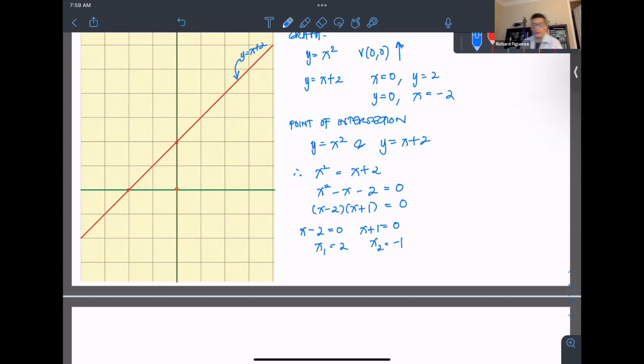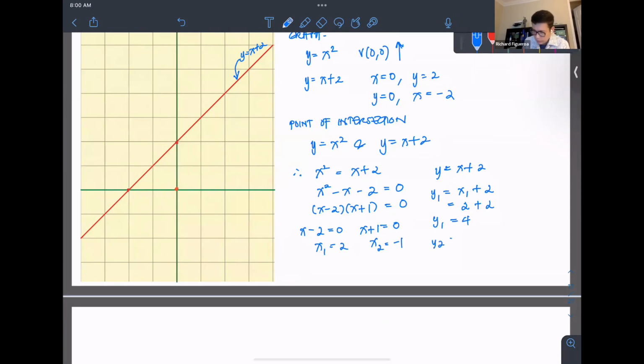Since this is a point of intersection, this should be an ordered pair. To get that, we can use either of the two equations. I can use this one, y equals x plus 2. To get the value of y sub 1, that will be x sub 1 plus 2. Our x sub 1 is 2, so 2 plus 2 makes 4. That is our y sub 1.